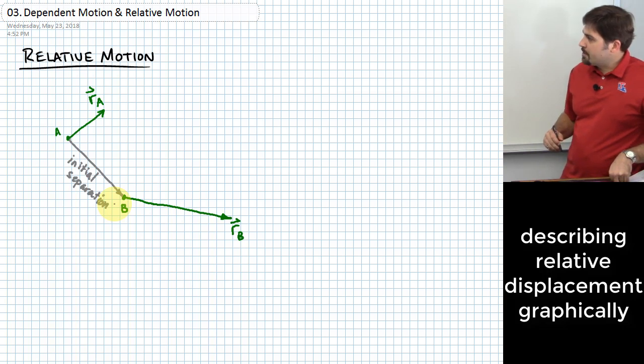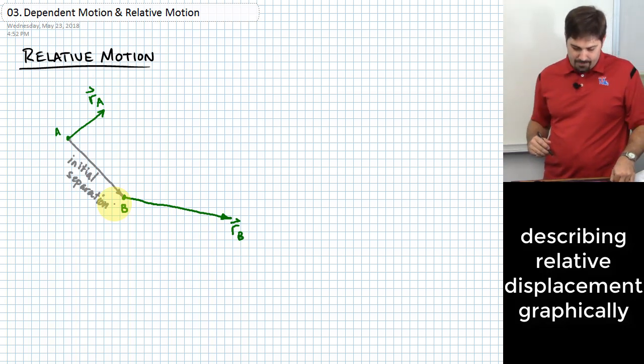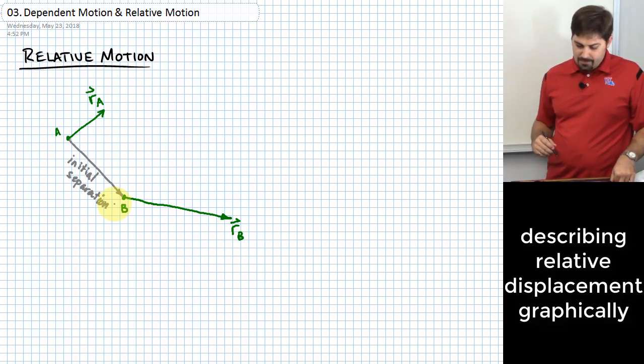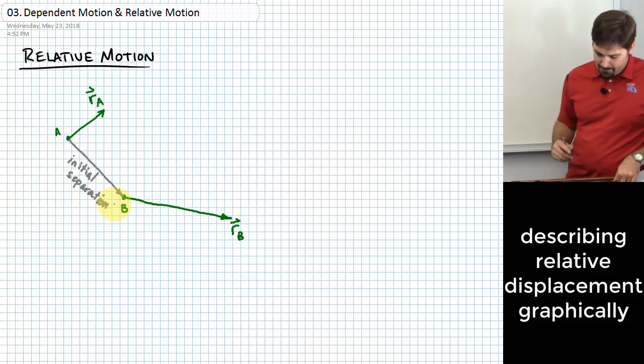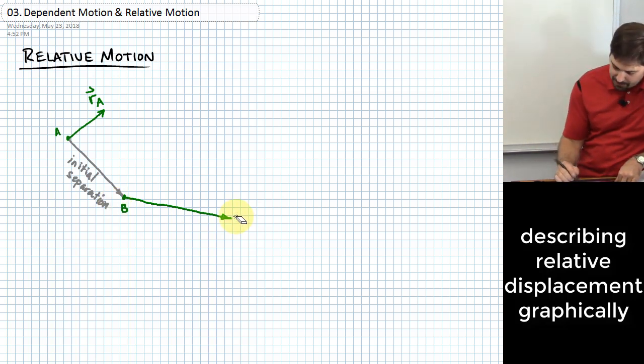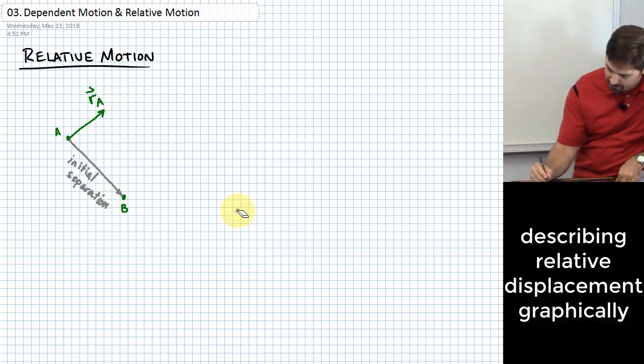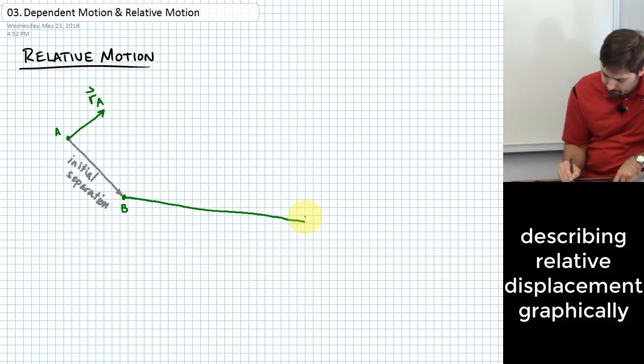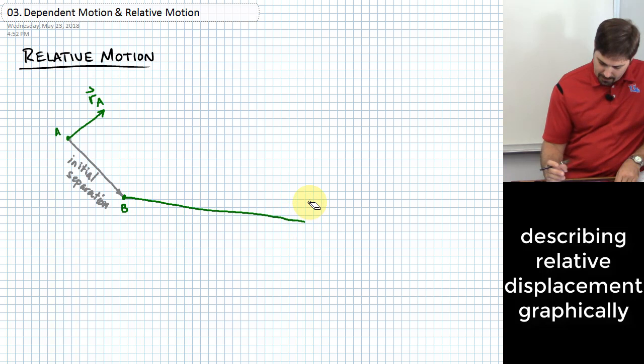Okay, well, what is the final separation? I'll tell you what, I'm even going to lengthen this vector a little bit more just to make it real obvious, kind of make this figure look better. Make it that long. Okay.